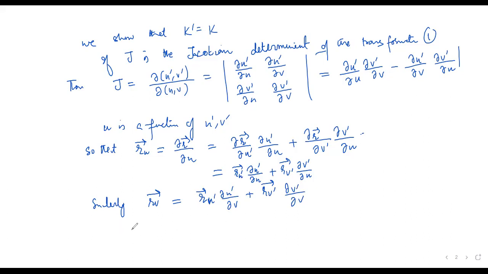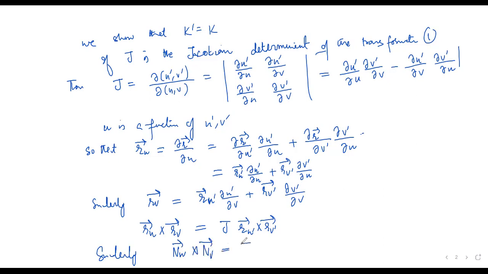Okay, so that अगर तुम इसको चेक करोगे, एक्चुअली हम ये पहले कर चुके हैं, so it would give me r u cross r v is nothing but Jacobian times r u prime cross r v prime. So similarly, by the same logic, बिल्कुल ऐसे ही करना है. Similarly, you would get that n sub u cross n sub v would be again multiplied by the Jacobian, n sub u prime cross n sub v prime, where n is the unit normal.